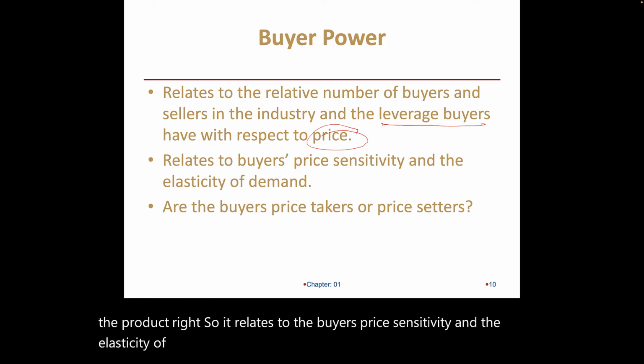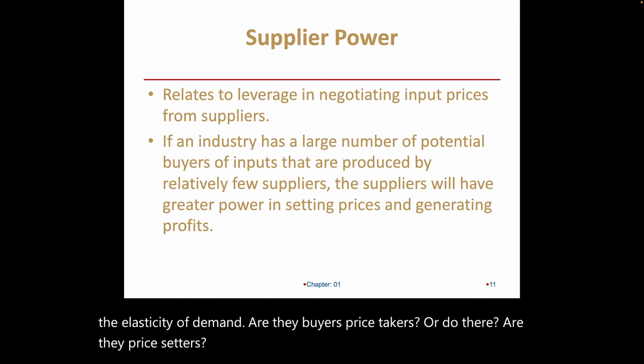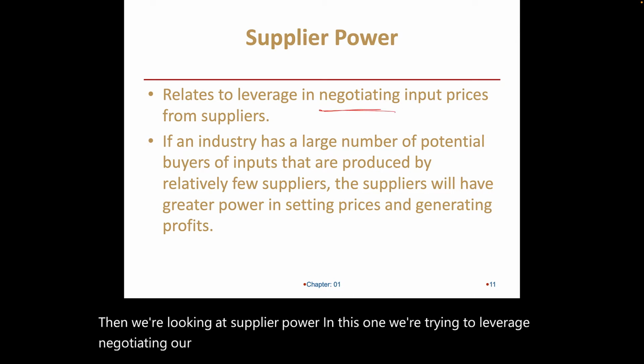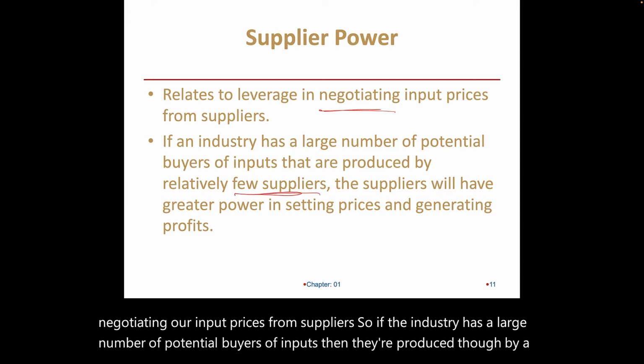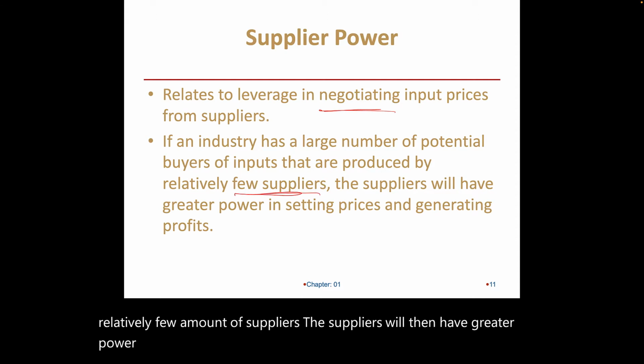Are buyers price takers, or are they price setters? Then we're looking at supplier power. In this one, we're looking at leverage in negotiating our input prices from suppliers. If the industry has a large number of potential buyers of inputs, but they're produced by a relatively few number of suppliers, then suppliers will have greater power in setting those prices and generating their profits.